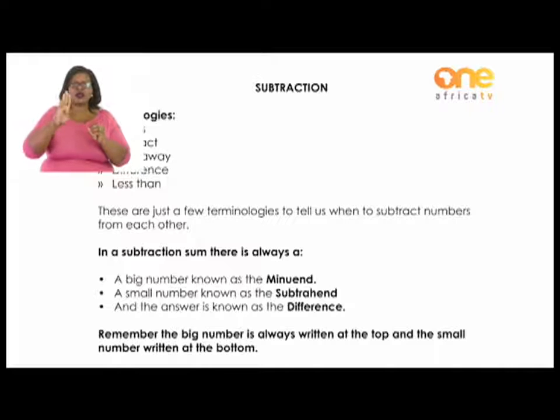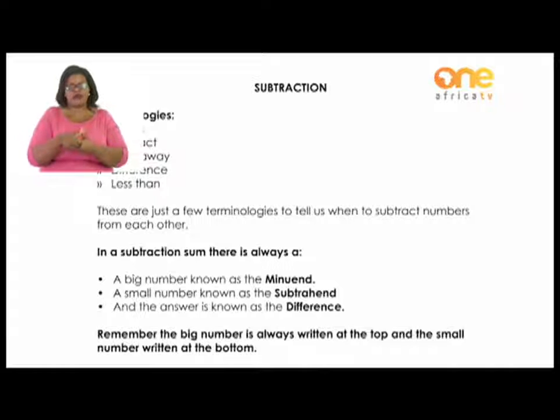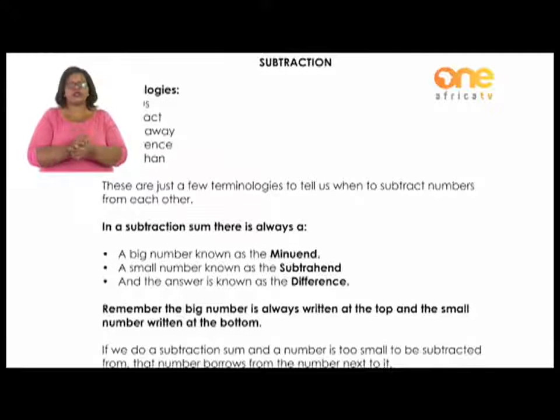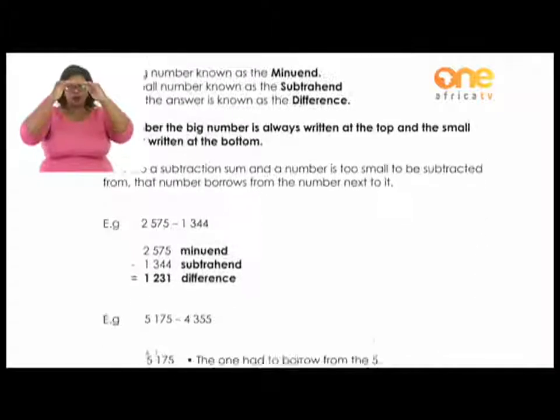Please remember these 3 names: the big number, the small number, and what we call the answer of a subtraction sum. Now, when it comes to a subtraction sum, there is one basic rule. Remember, the big number is always written at the top, and the small number is always written at the bottom.